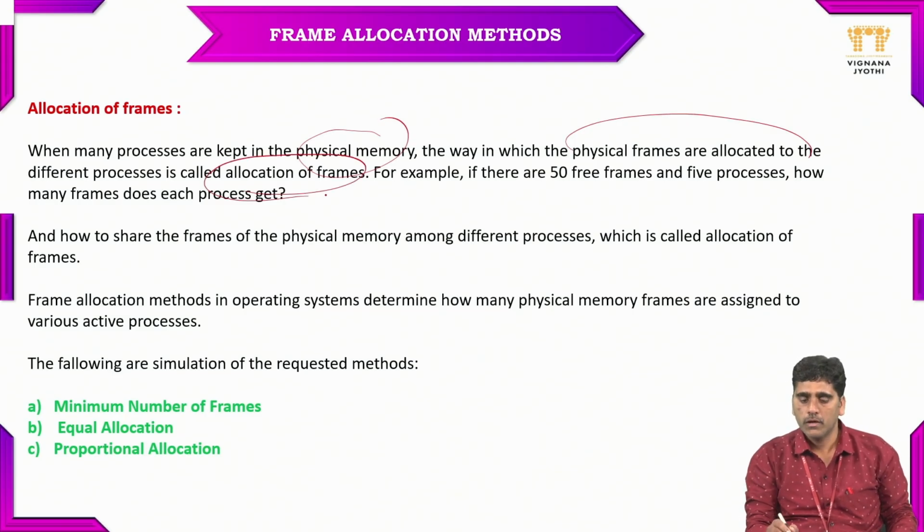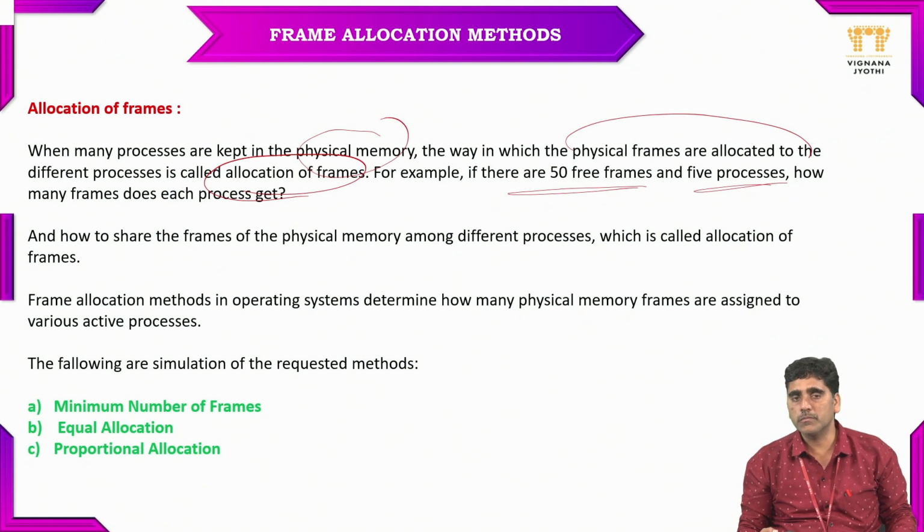For example, if there are 50 free frames available and 5 processes, how many frames can each process get? That is the problem. How are we going to allocate for 5 processes when there are 50 frames available?